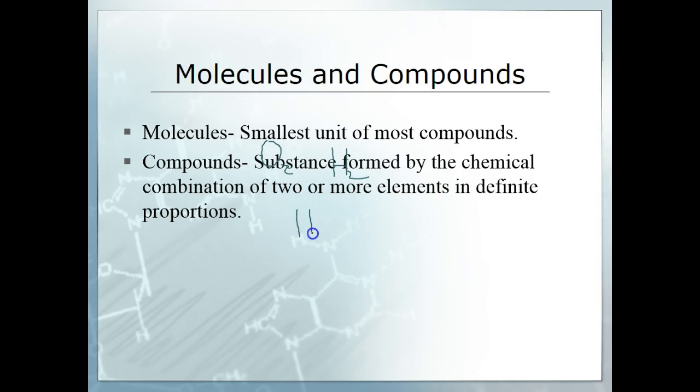Things like H2O or CO2 or H2SO4. These are compounds. Molecules are the basic unit of most compounds because you can see molecule, molecule, molecule, molecule. They make up most compounds.